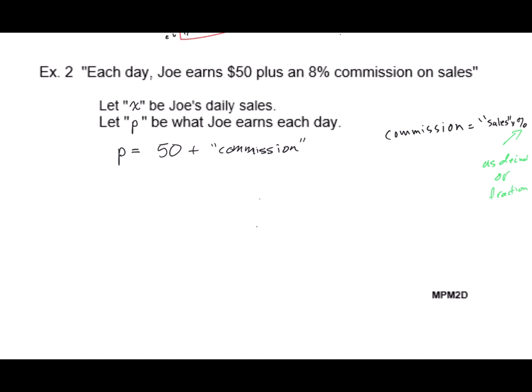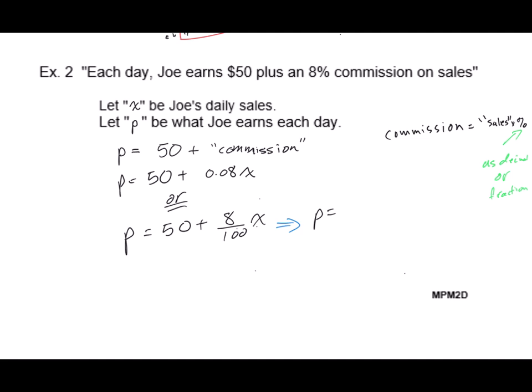So, here we go. So that means P is equal to 50 plus, well, X is his daily sales, so it's going to be 8% is 0.08 X. Or you could write it as P is equal to 50 plus 8 over 100 X, which turns into this simplified form.